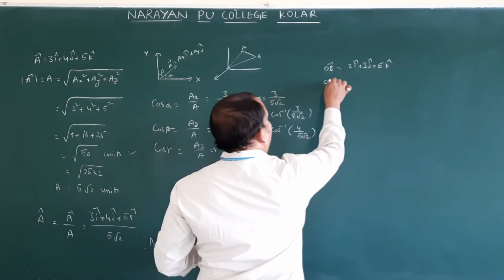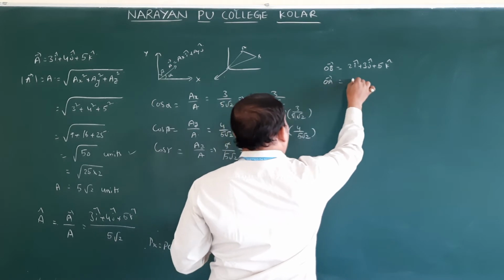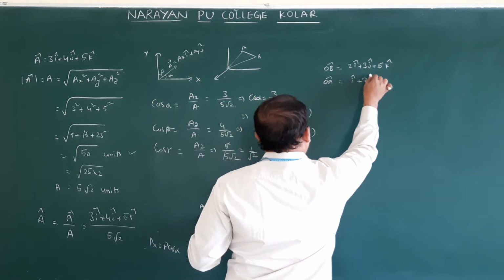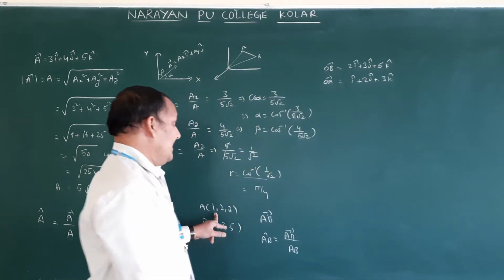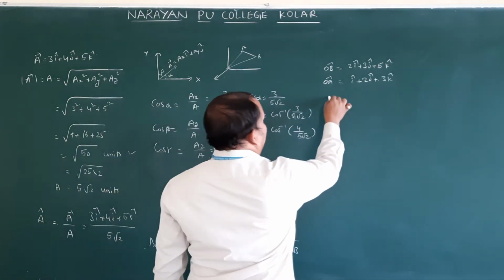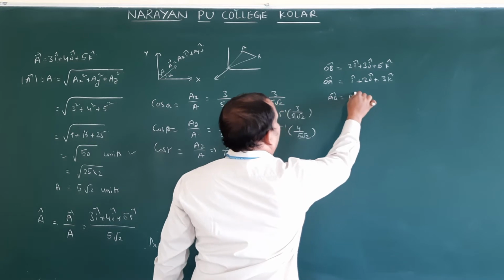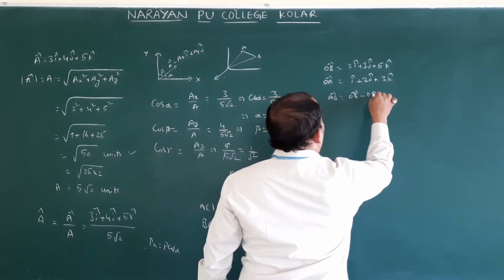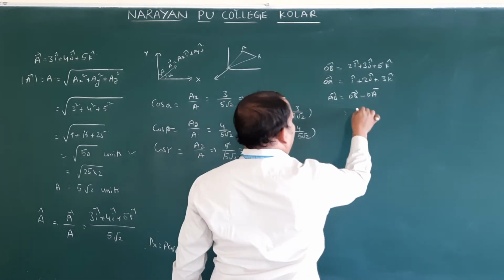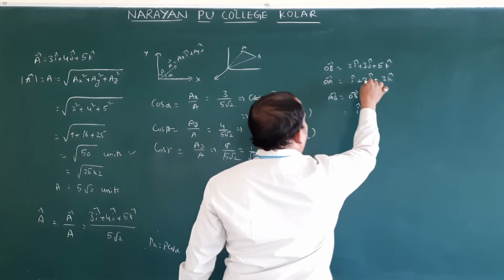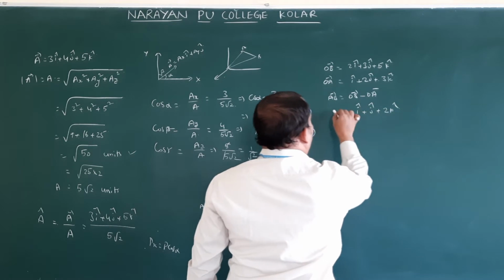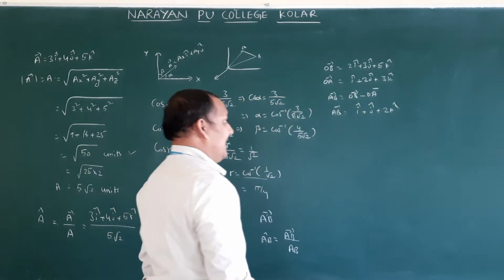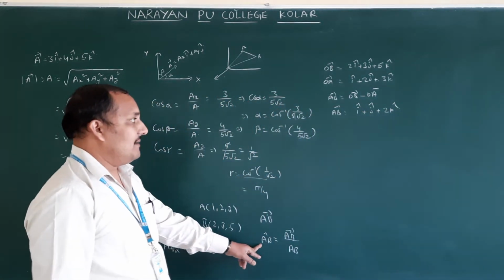OA bar is equal to I cap plus 2J cap plus 3K cap. So AB bar is equal to OB bar minus OA bar, which is (2 minus 1) I cap, (3 minus 2) J cap, (5 minus 3) 2 K cap. So we got AB bar.